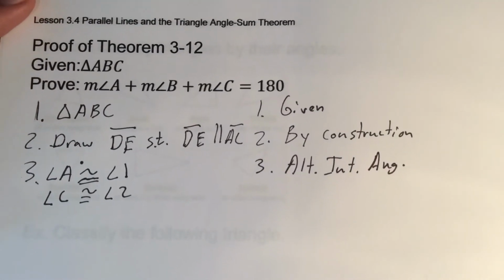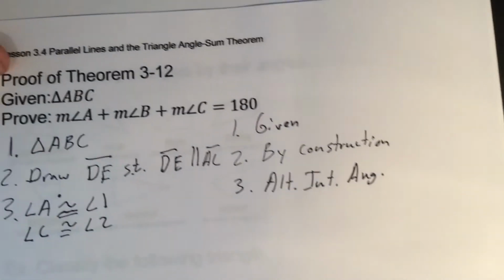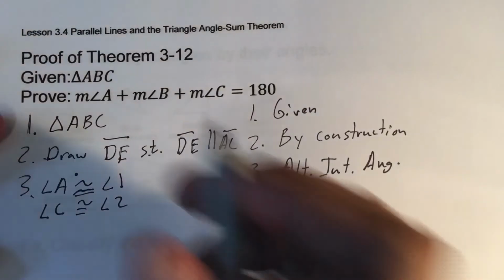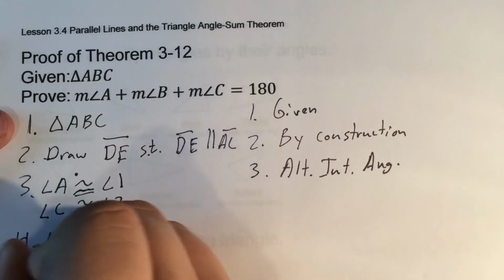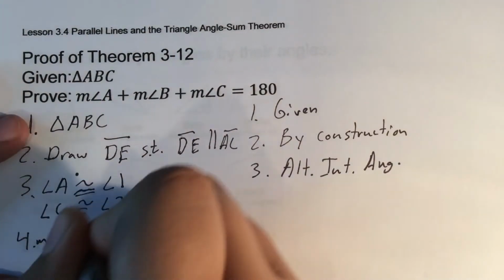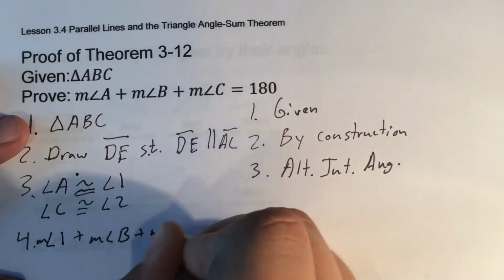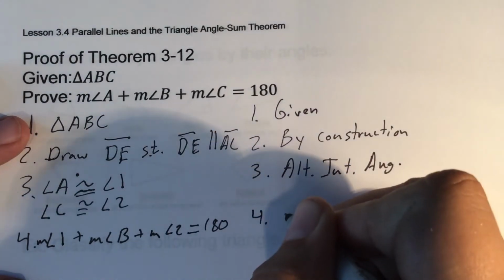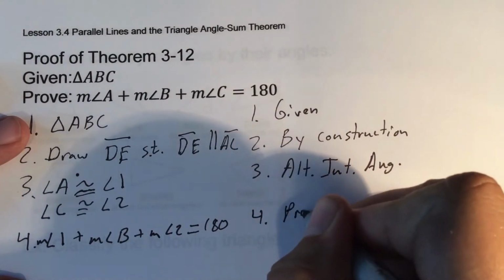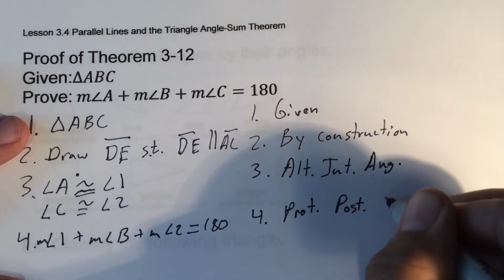Okay. So knowing that, well, we can say that the measure of angle 1 plus the measure of angle B plus the measure of angle 2 has to be 180 degrees by the protractor postulate, which I believe was 1/6.